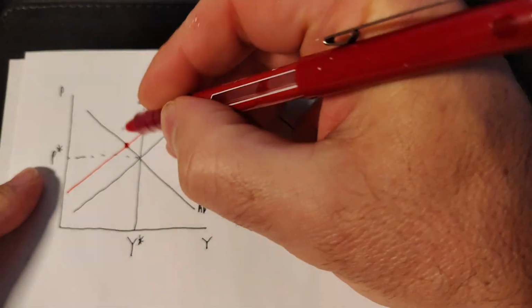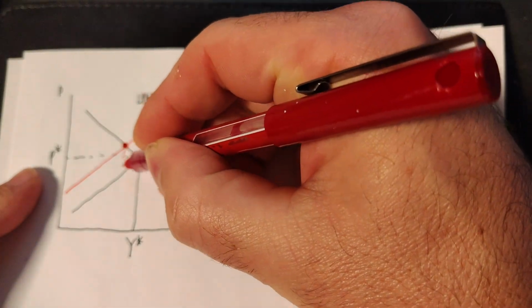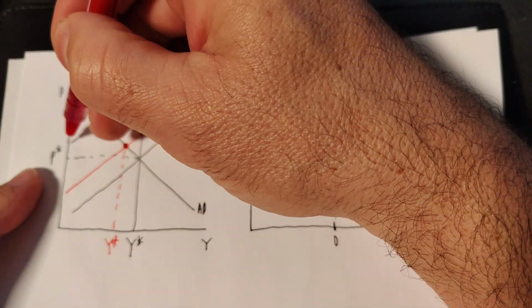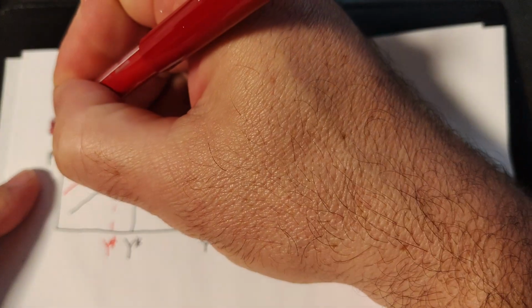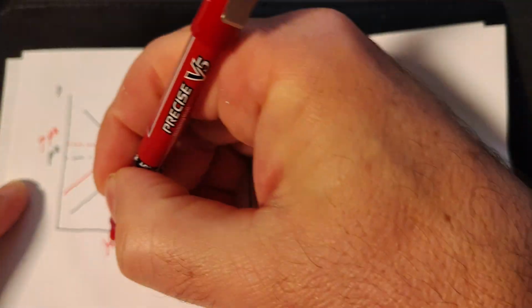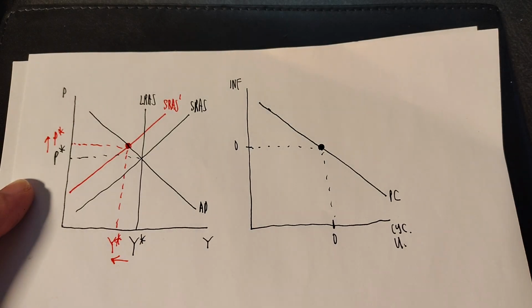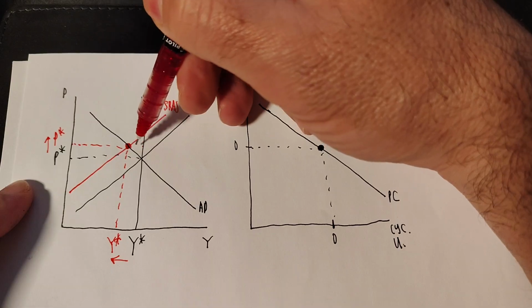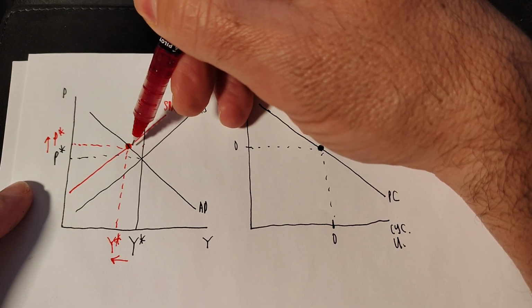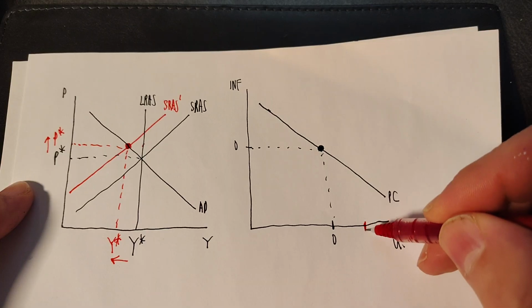We're going to end up producing up here, output is below potential, but prices have now risen. Right? So now, what kind of unemployment coincides with output that's below potential? This is going to be positive cyclical unemployment.